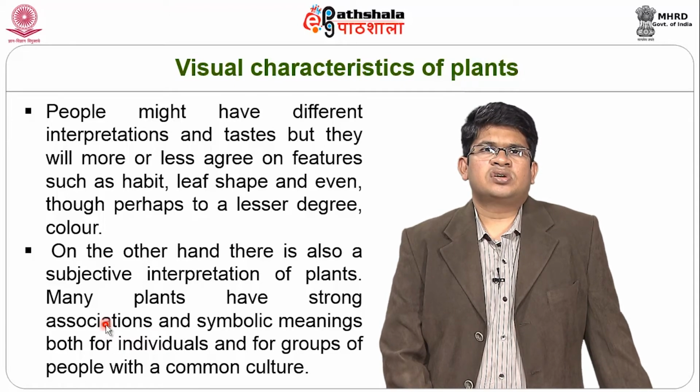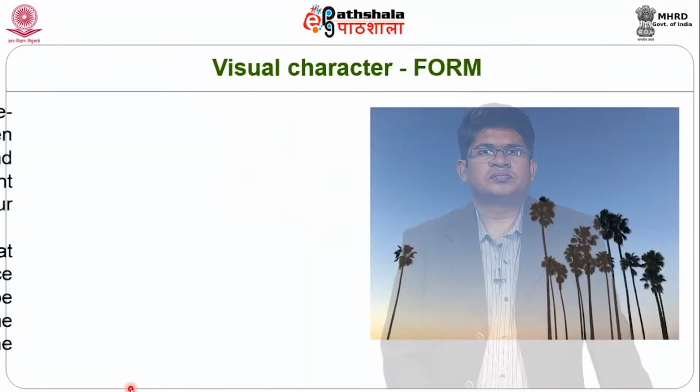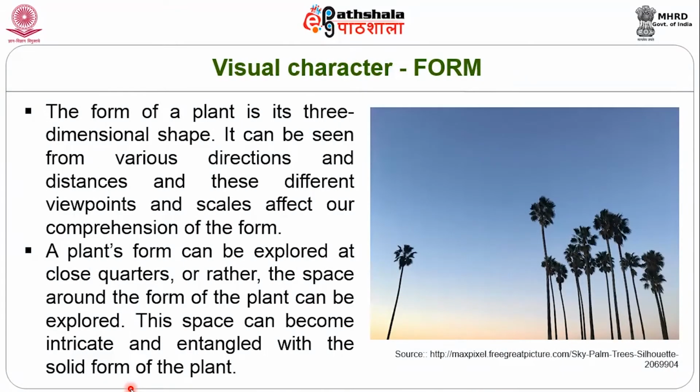On the other hand, there is also a subjective interpretation of plants. Many plants have strong associations and symbolic meanings, both for individuals and for groups of people with a common culture. So, we shall see the first main visual character, which is form, and form is the three dimensional shape of a plant.